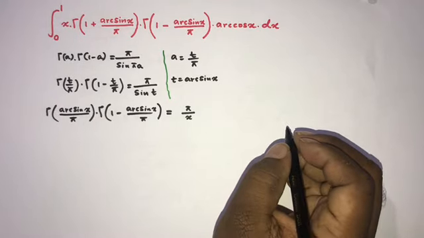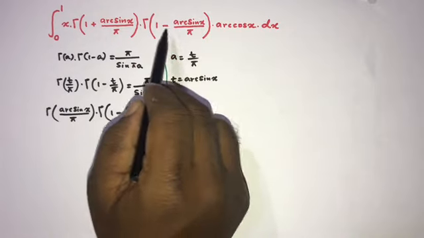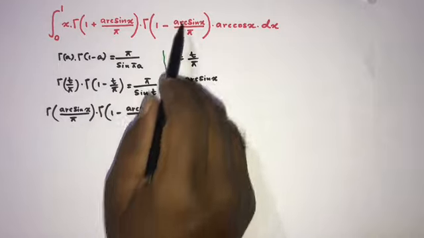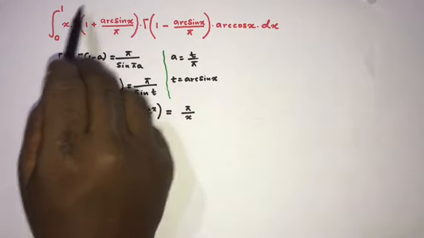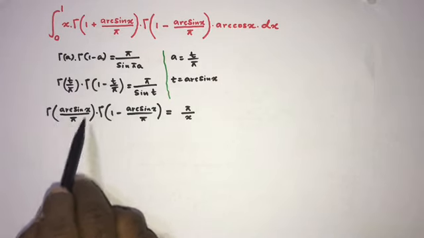Now here we have gamma of 1 minus arc sine of x over pi, and we also have the same function, but here we have gamma of 1 plus, and there gamma of arc sine of x over pi.